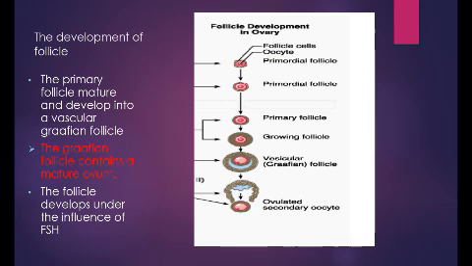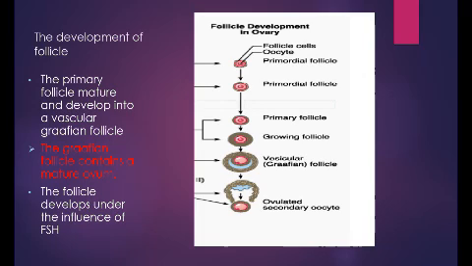So now we're going to focus more on the development of the follicle. We need to know how the follicle develops. So the primary follicle matures and develops into a vascular Graafian follicle, and we're going to have the Graafian follicle containing a mature ovum.